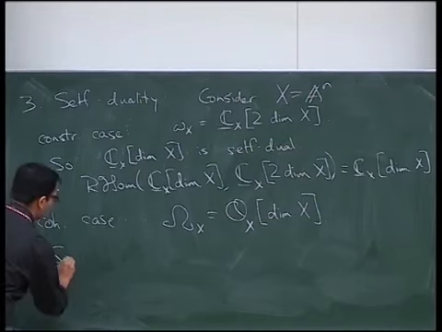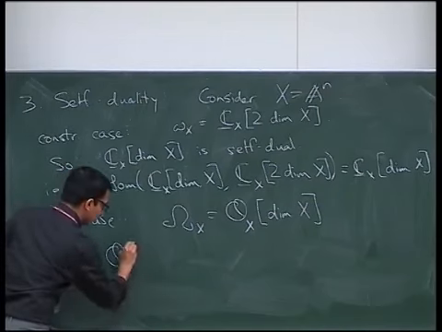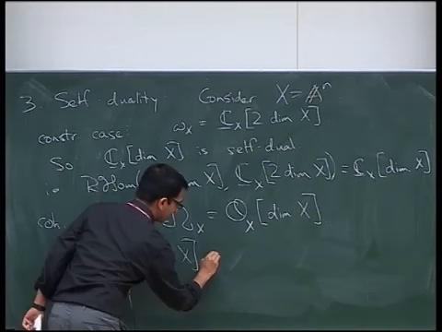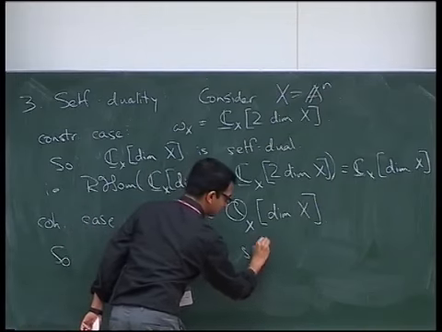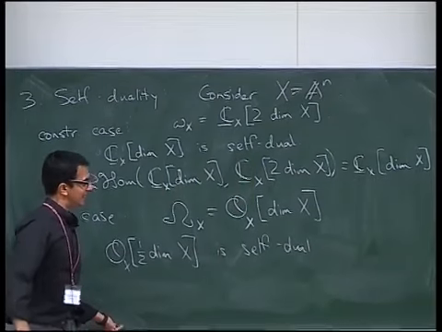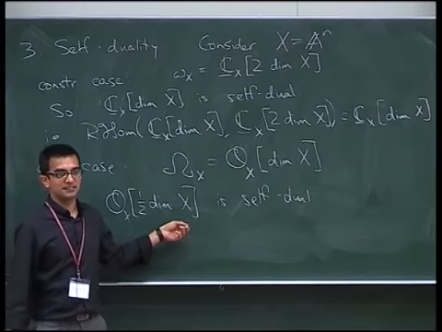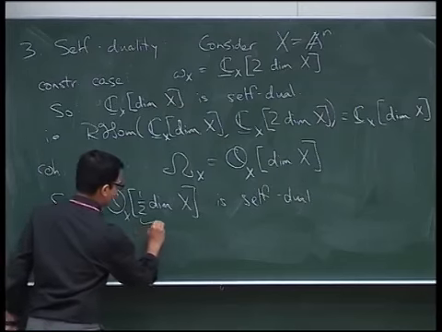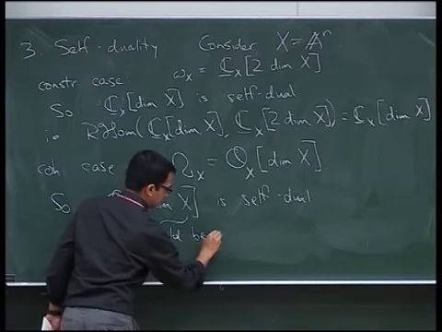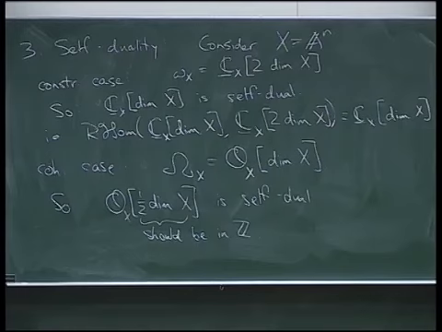And so you can see by the exact same calculation that the structure sheaf shifted by half the dimension of x is self-dual. So if this shift is supposed to be an integer, clearly that imposes a restriction on the variety. So that's a problem.